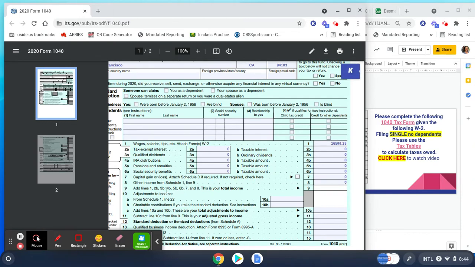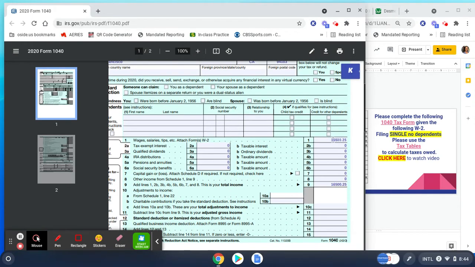Now line 9, it tells you everything to add up. So all the numbers above we add up. That's going to give us $16,525. So far, we just had our wages, salaries, and tips from our W-2, and all the rest were zeros. From Schedule 1, line 22, again, adjustments to income.